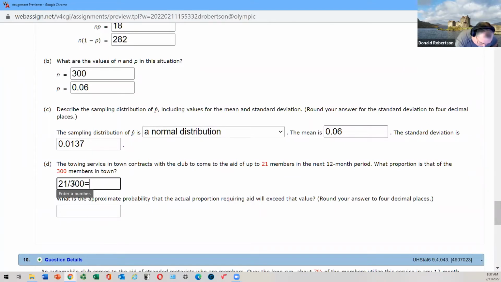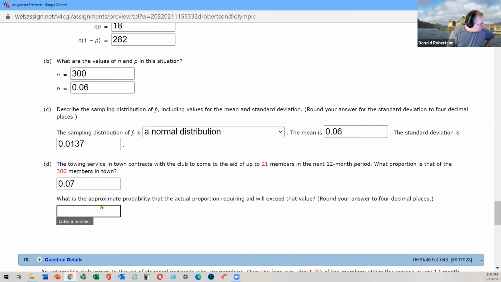So in this question, it ends up being 7%. Agreed? 21 out of 300. That's 7%. Okay. Isn't the average 6%? So if they're contracted to do about 7%, the chances are that they're going to cover everybody.